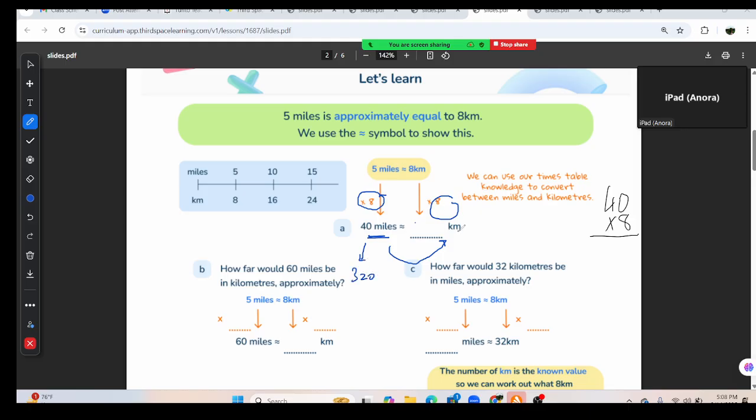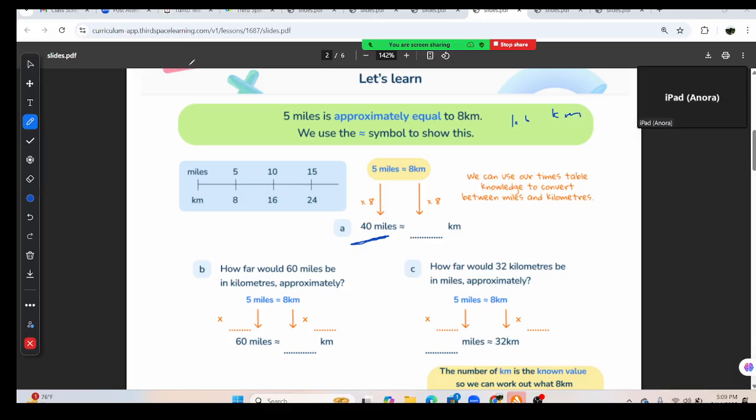And 8 times 8 is 64. Very good, 64. That means in 40 miles how many kilometers are there? 64 kilometer, right? Or rather than doing this, you can simply multiply 40 miles with 1.6 kilometer, right?